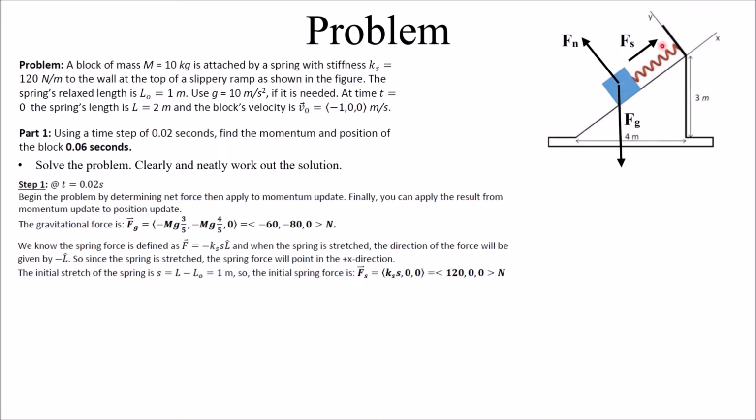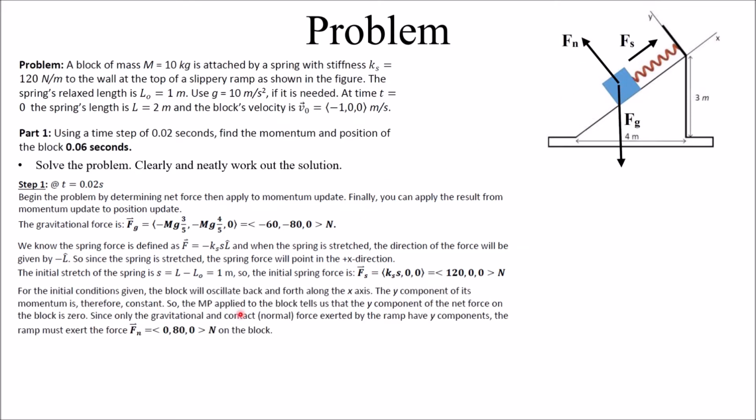It's basically this battle between the spring and the gravity for the position of that mass. The only other thing to consider would be the normal force, which has the same magnitude as mg cosine theta, but in the opposite direction. So instead of negative 80, it'll be a positive 80, and that dimension cancels out in terms of net force.